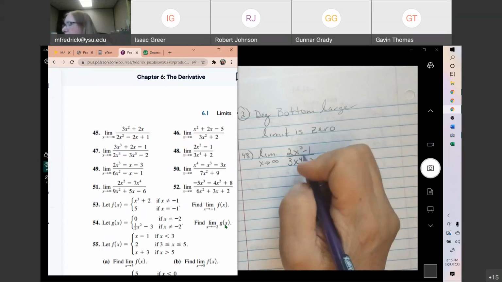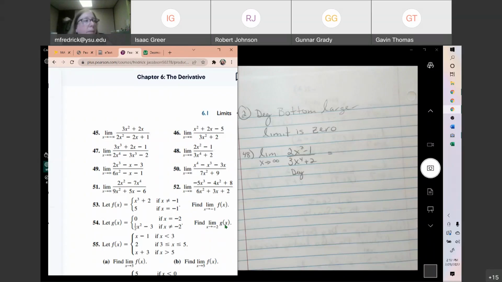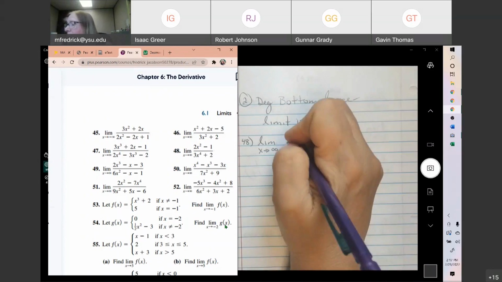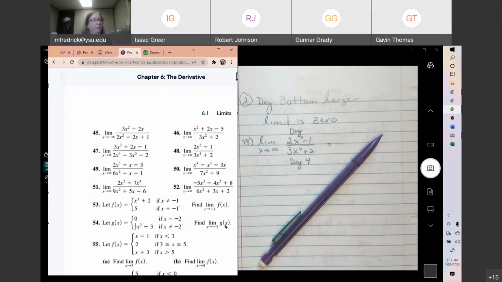What's the degree on the bottom? Yes. Now I'm getting quick answers. The degree on the bottom is 4. What's the degree on the top?